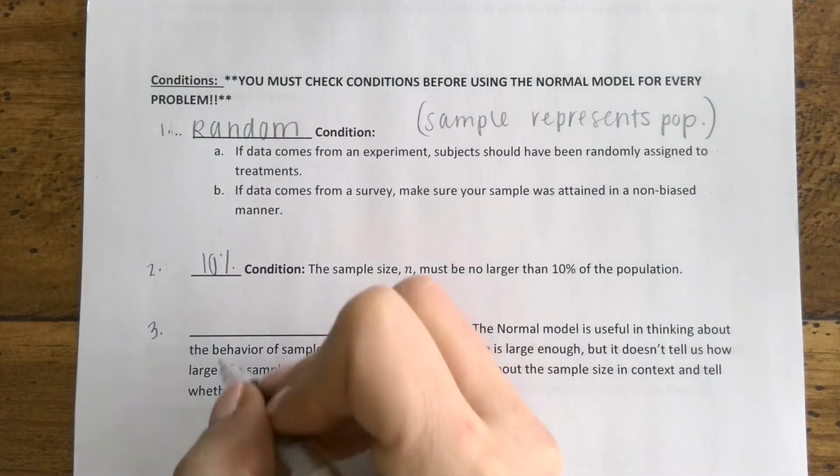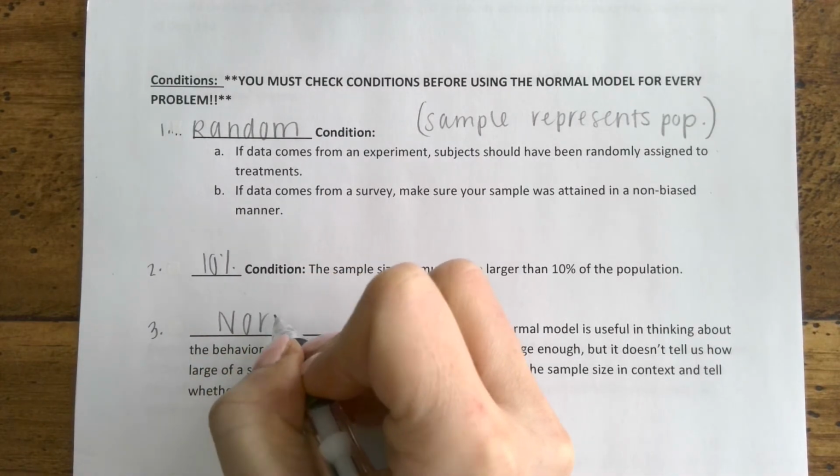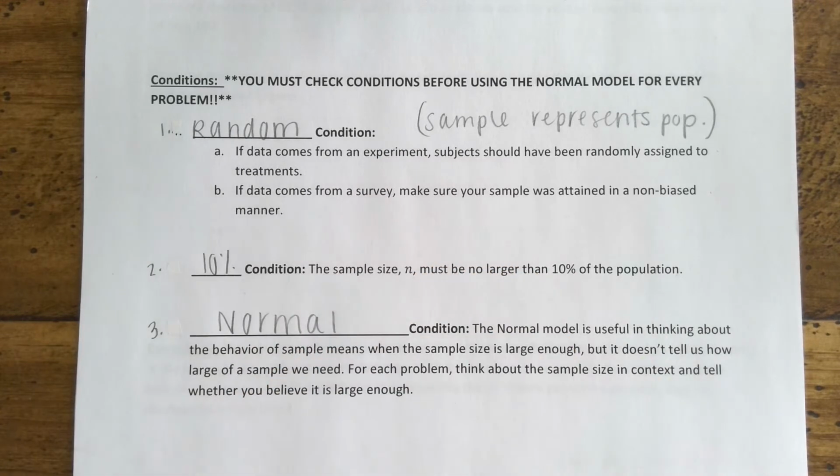Okay, the third condition is called the normal condition, and this one is different than what we saw in proportions. In this third condition, what we need to do is make sure that our population is normal. Now there's 2 ways that we can check this. One, they might literally just tell you, hey, your data is normal, it's normally distributed. If they tell you that, you're good to go, you've already met this condition.